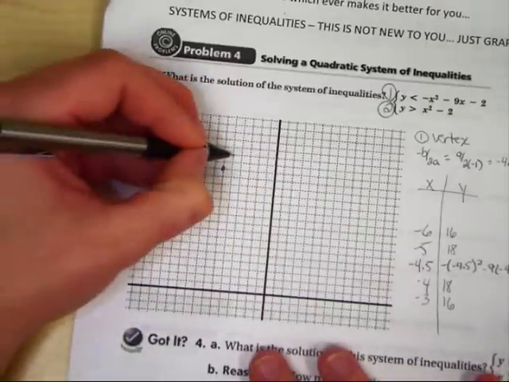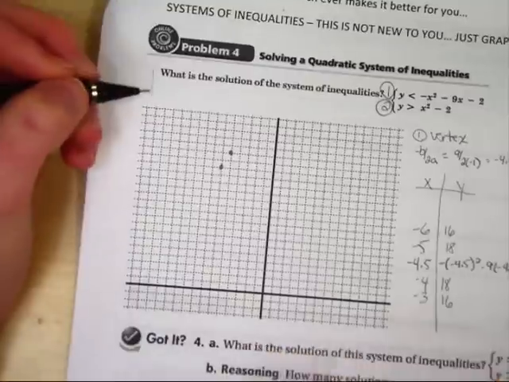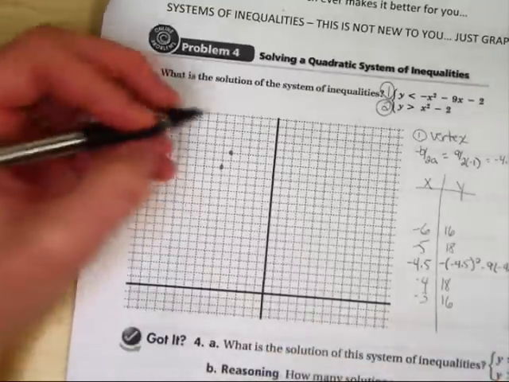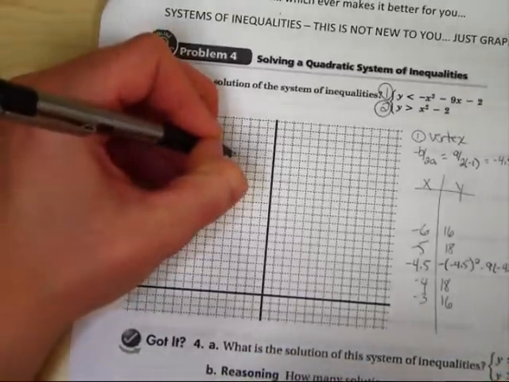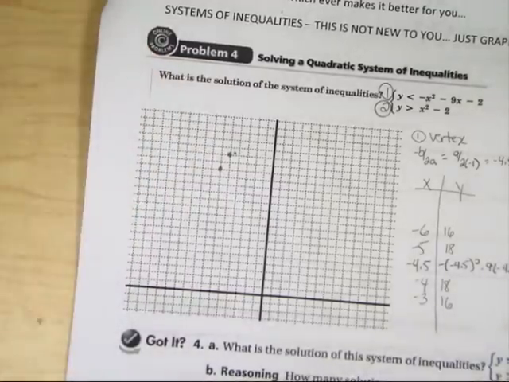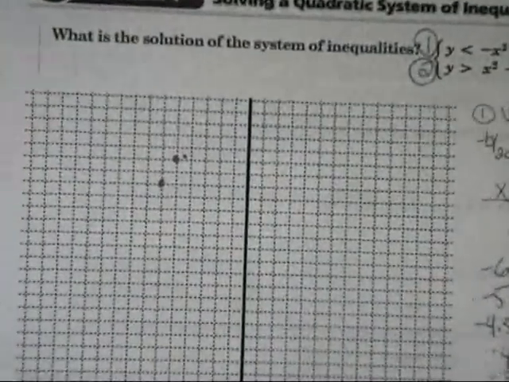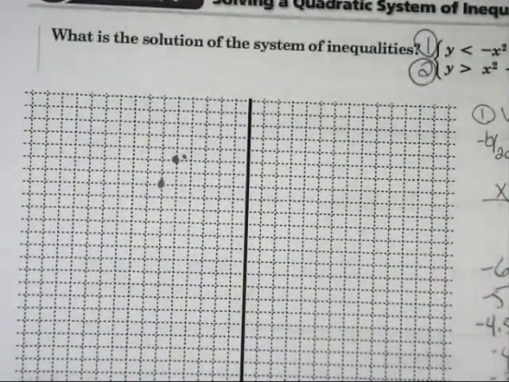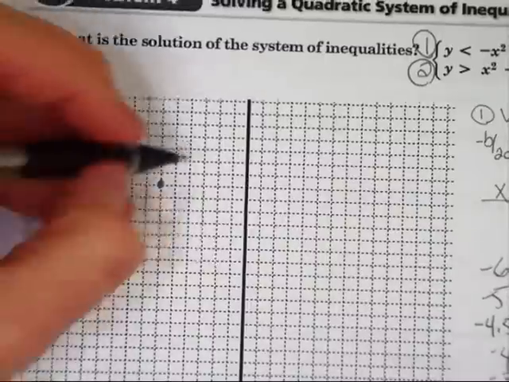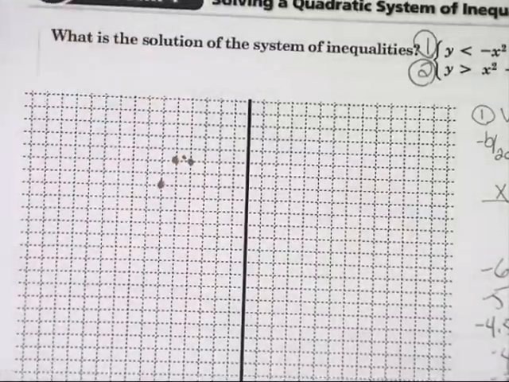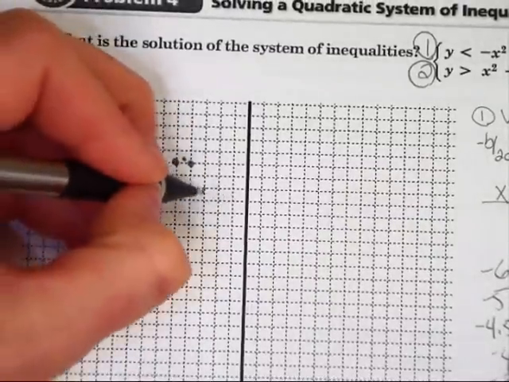Negative 5, 18. Negative 4.5, 18.25 is like right there. That's one of those little itty bitty dots. I'll zoom in so you can see it. Okay. Negative 4, 18 would be here. And negative 3, 16 is here.